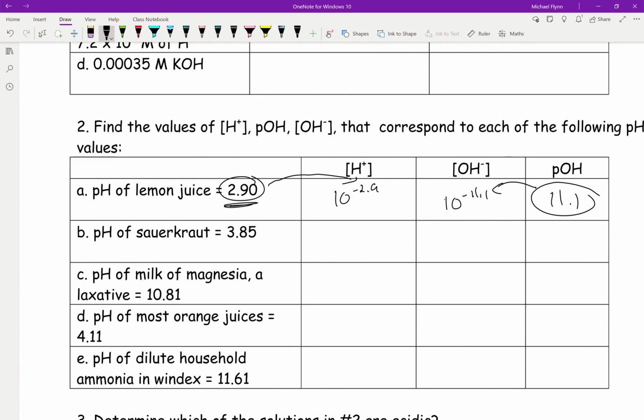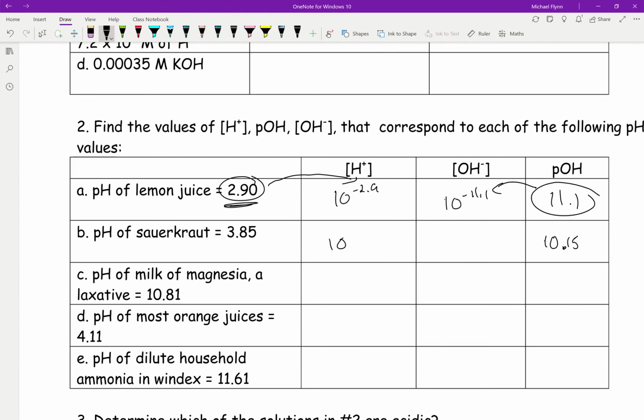Okay, that's it. Now the pH of sauerkraut, which is something that I can't stand, but anyway, the pH of sauerkraut is 3.85, right? So again, I'm going to subtract: 14 minus 3.85. I get 10.15. Now I can write my powers of 10.